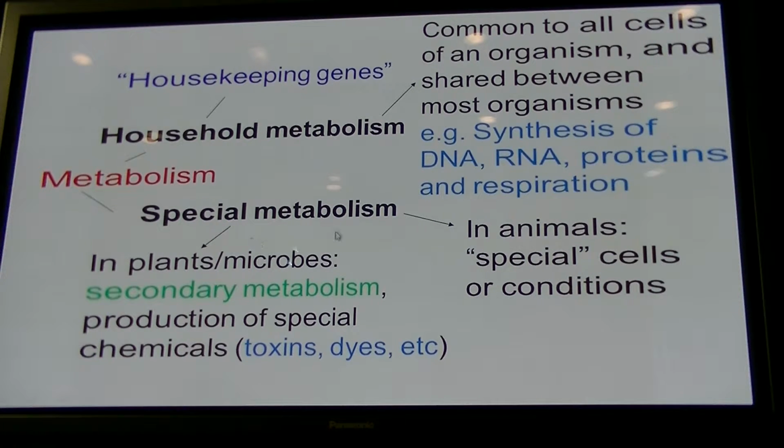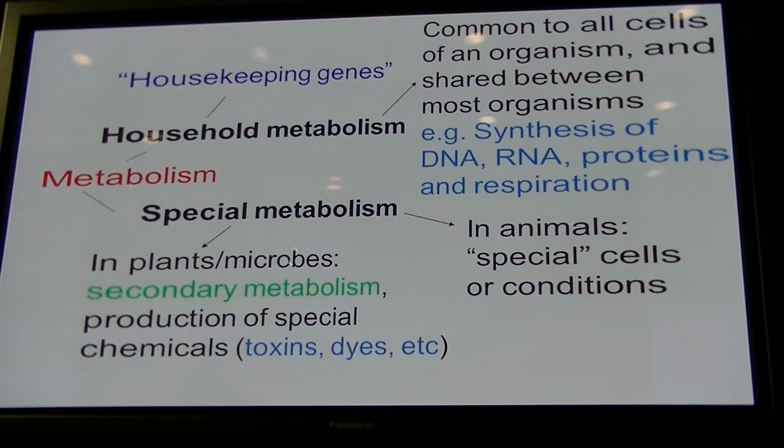Okay, then there's also special metabolism that we do not necessarily find in every cell. There's some specialization. Think in animals, you have cells that store fats. They're specialized in storing fat molecules. So that's not really a type of metabolism you find in that form in every cell. But really, in terms of chemistry, where we do find the special metabolism is in the plants and the microbes. And especially in plants, we speak of secondary metabolism, which is chemistry that involves the formation of special molecules.